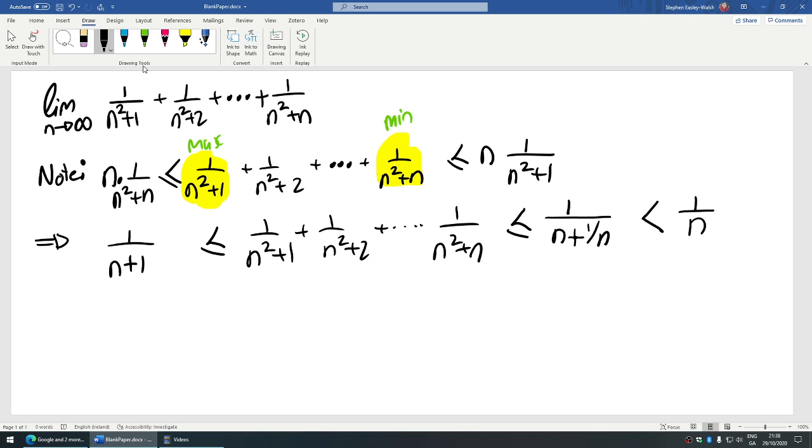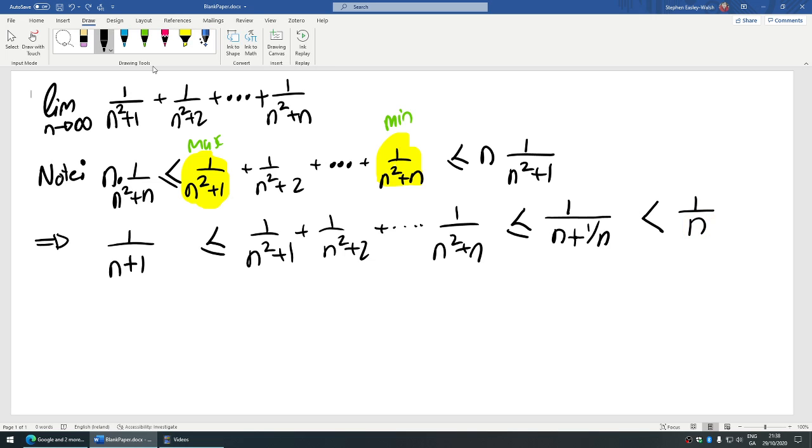I make the denominator here become this by dividing everybody by n. But this denominator here, if I knock off the 1 over n to just leave n, I've made it smaller because n is positive, and so I've made the whole fraction bigger.